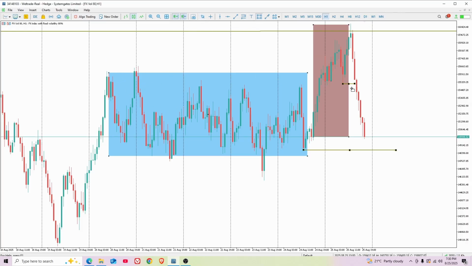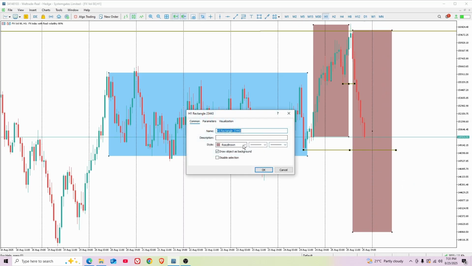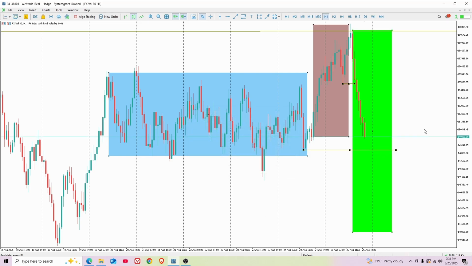And right now, what we are seeing is an expansion move coming in, pushing to the downside, right? So it's an AMD pattern, if you will. You have the market accumulating, manipulating. Now we have that expansion going lower.